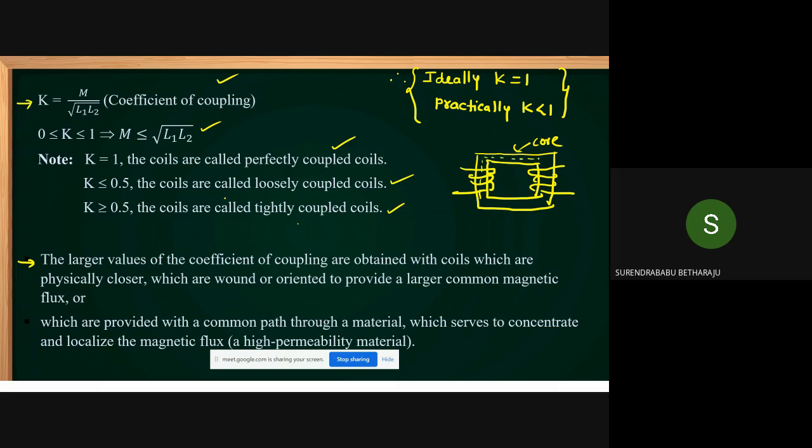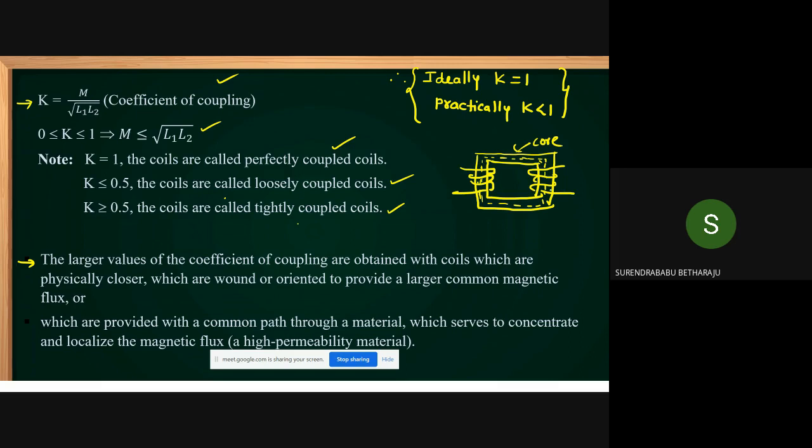Once it offers less reluctance, maximum flux is linked with both the coils, then the coupling also becomes high. That's why generally in a transformer the core is made with silicon steel or CRGO steel, because it offers high permeability or less reluctance. Then we can get the maximum coupling between coil 1 and coil 2.